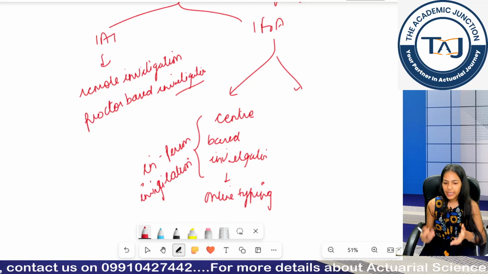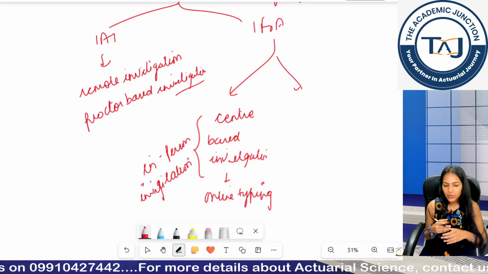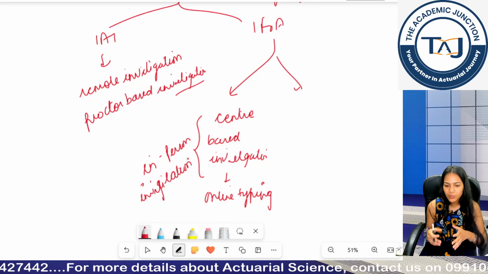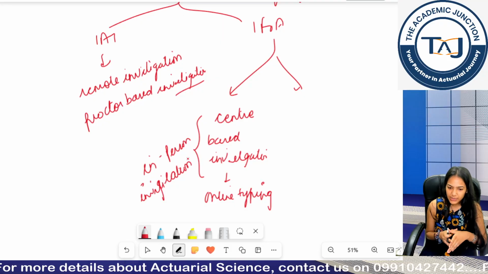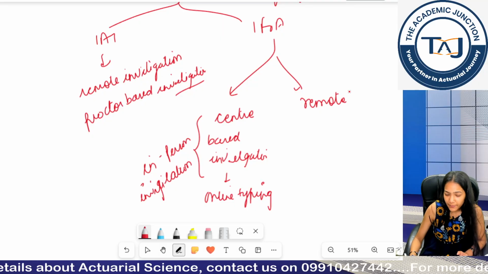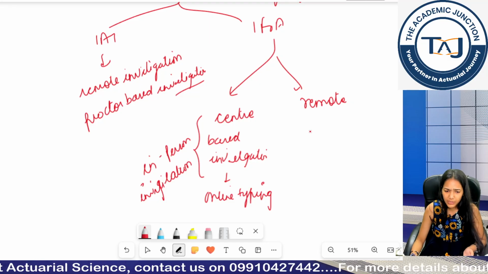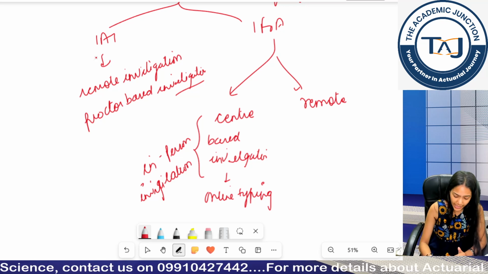If in case your center is too far and you are not able to register for center based invigilation, or you are willing to give your paper from home due to some emergency or some issues, you can consult with IFOA and they may provide you remote invigilation, which is robotic proctor based or distance proctoring, just like II provides.